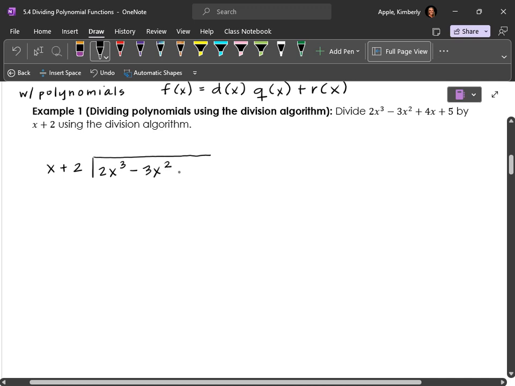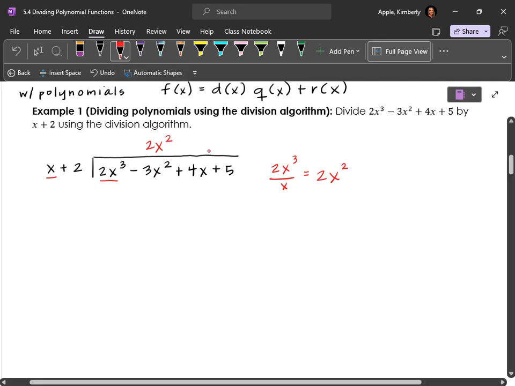Staying organized is going to be really important with these types of problems. When we're working on these, we want to divide the first term into the first term. I'm going to do my scratch work over here. This helps me keep track of what's going on. Notice the same degree terms are going to stay on top of each other.